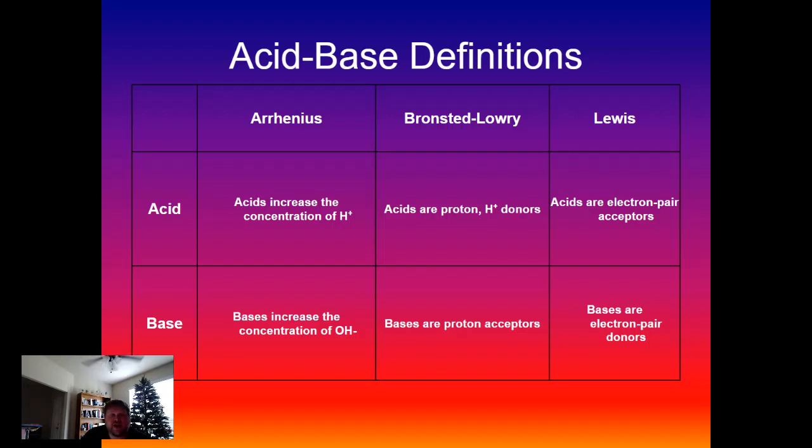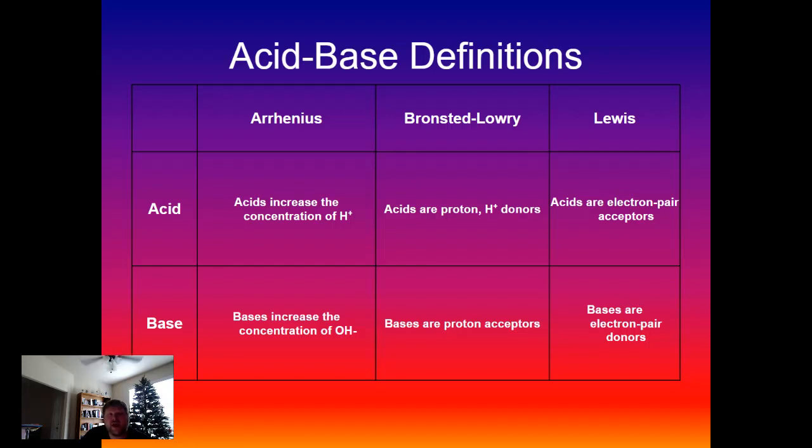So they said an acid is a proton donor. Now keep in mind, a proton is just the H positive ion. A hydrogen atom, if you use the most common isotope, protium, which is one proton, one electron with no neutrons, is a very simple atom. So if you lose the electron to become a cation, the H positive is really just a proton floating around.